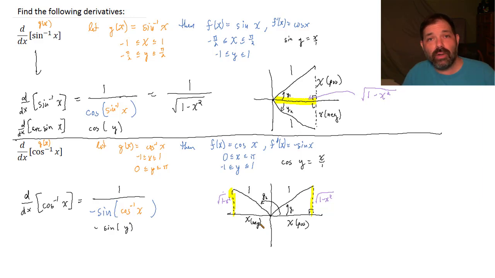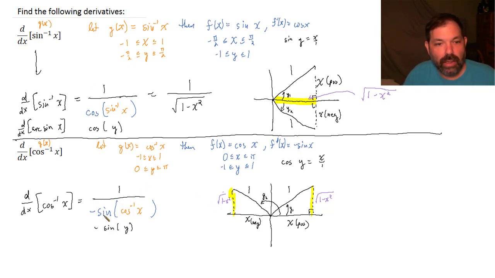Because it doesn't matter if x is positive or negative, once you square it, now it's positive. So the square root of 1 minus x squared has to be positive. And if we look at the drawings, that square root of 1 minus x squared is above the x-axis. It must have a positive coordinate in that sense.